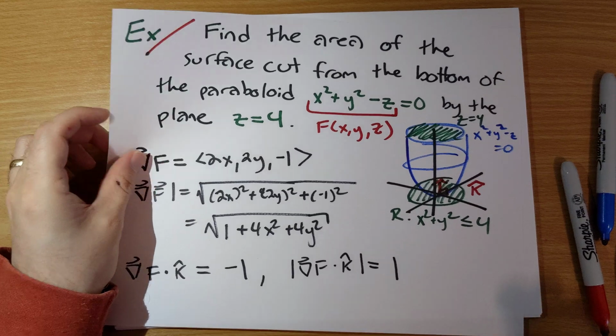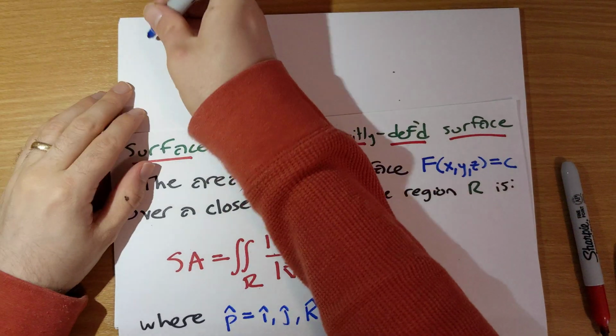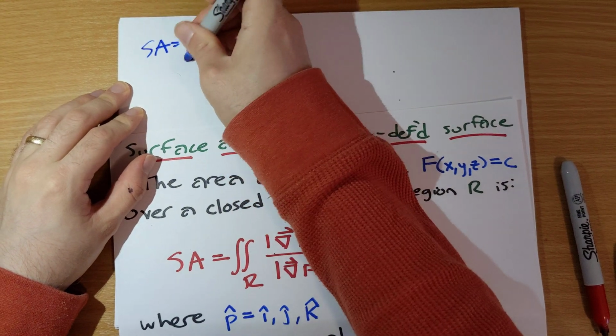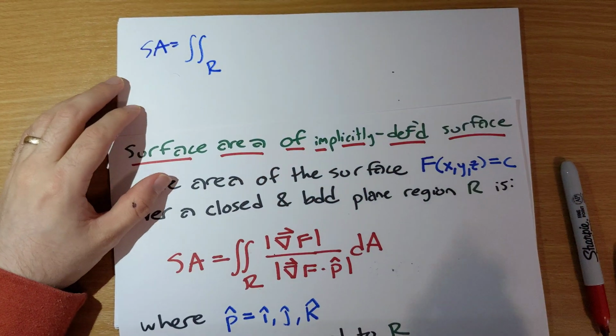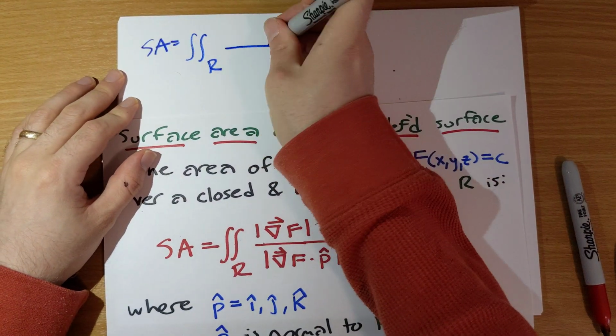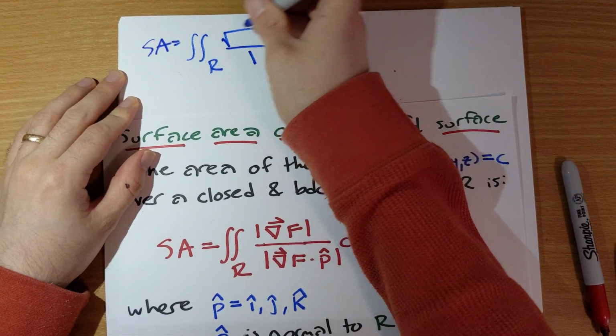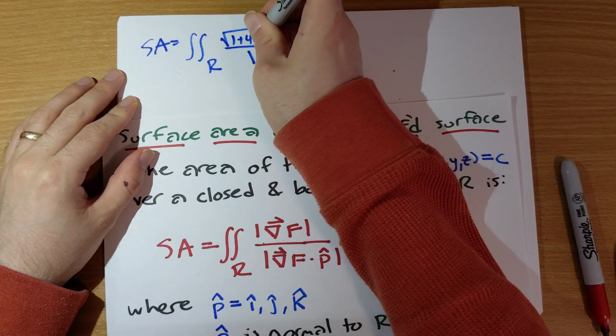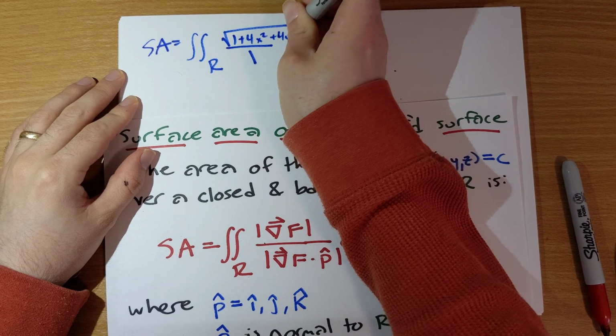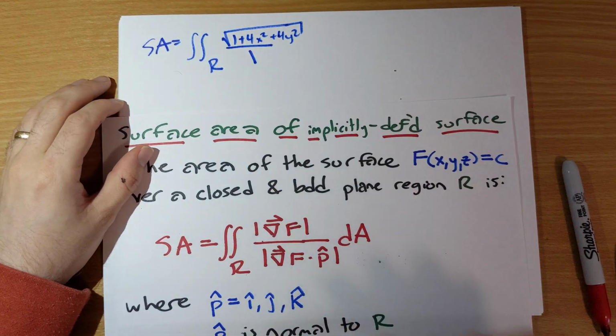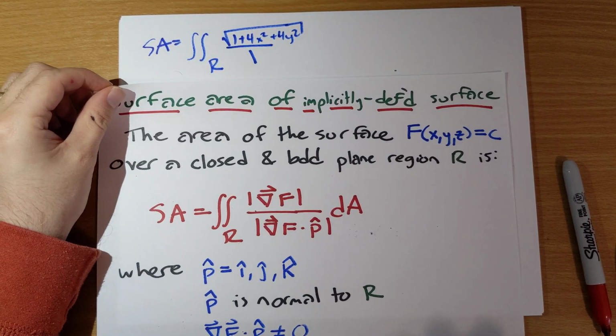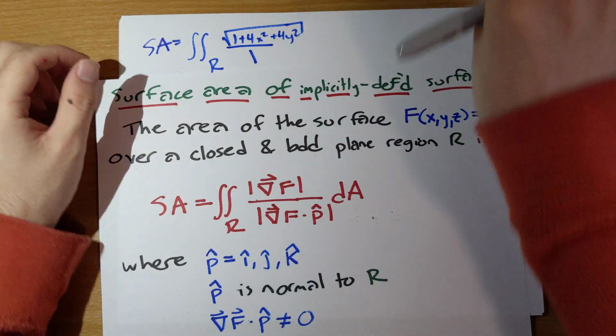So we are integrating using this formula right here. Surface area is the double integral over R of this expression. So the square root of 1 plus 4x squared plus 4y squared, that's the magnitude of the gradient f.